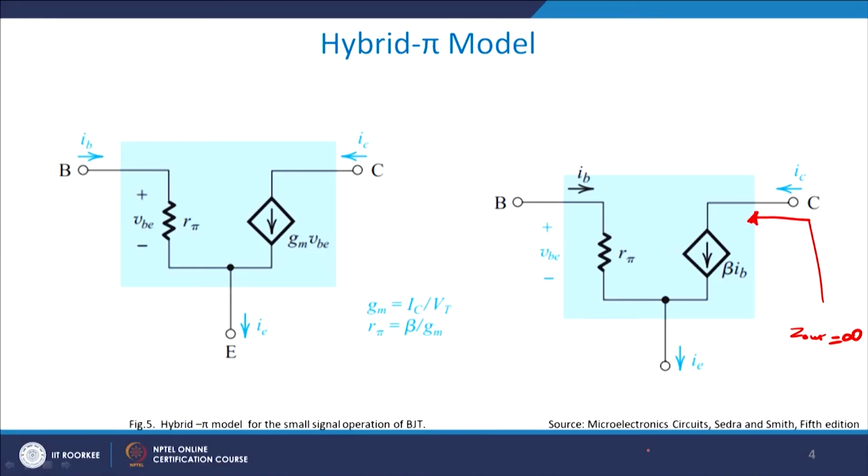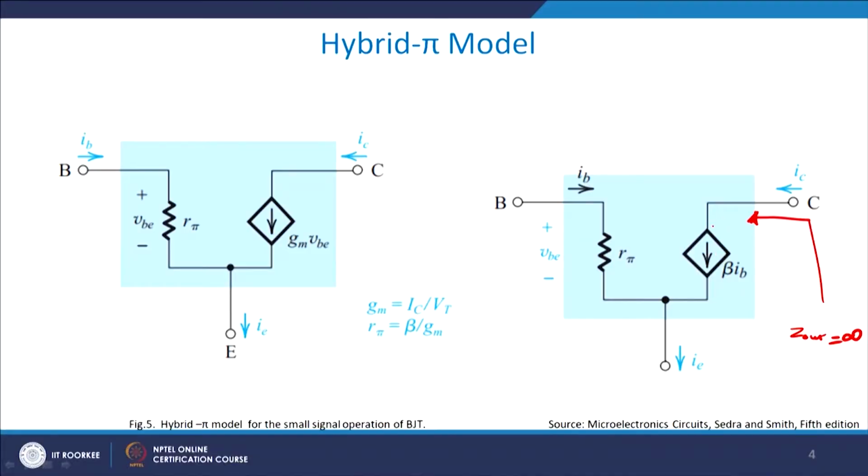So if you follow the hybrid pi model, then Z out will be infinity, primarily because we are looking into the current source here, an ideal current source.